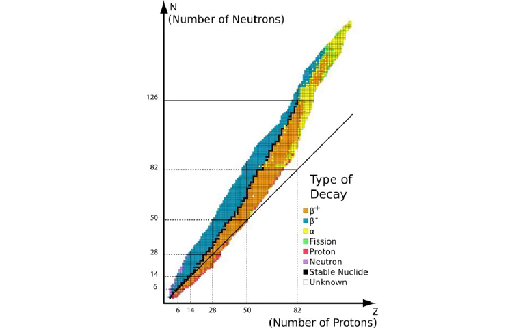So here's the band of stability, and you can see there's a line right here, and that is where the number of protons equals the number of neutrons.